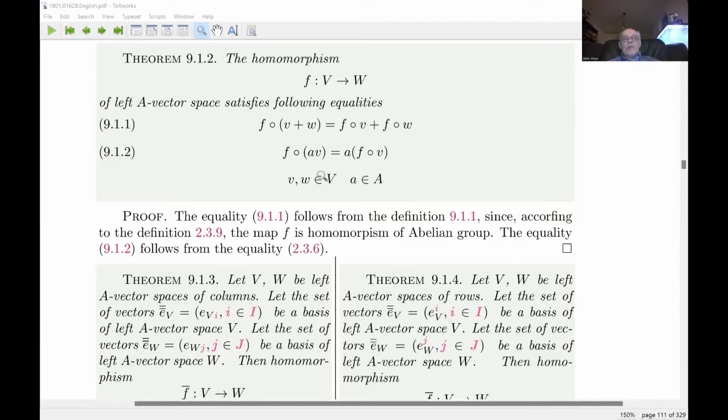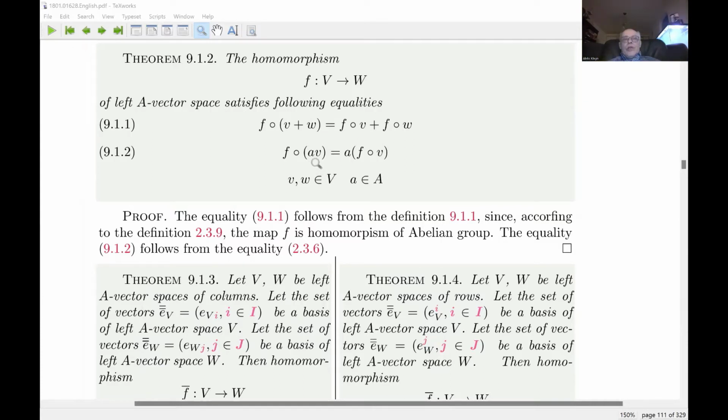For homomorphism, in equality 1.2, we have product over a number. But for linear map, in equality 1.2, we have product over element of field D over which algebra A is defined.